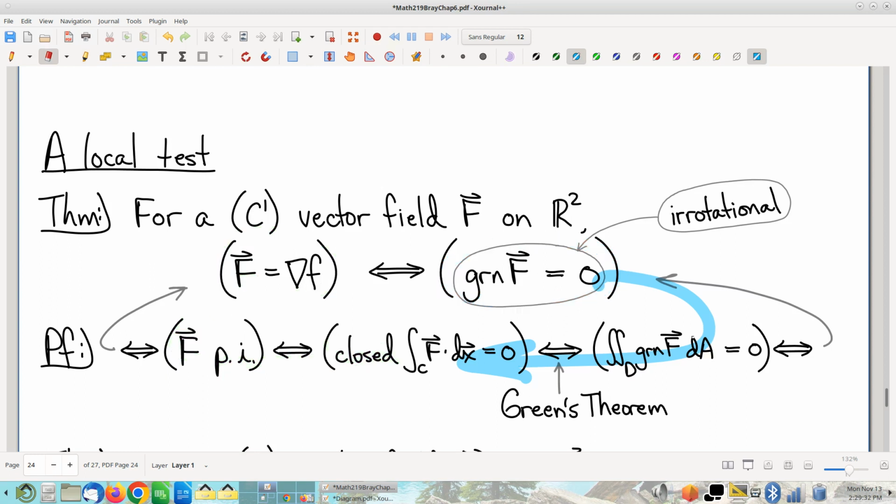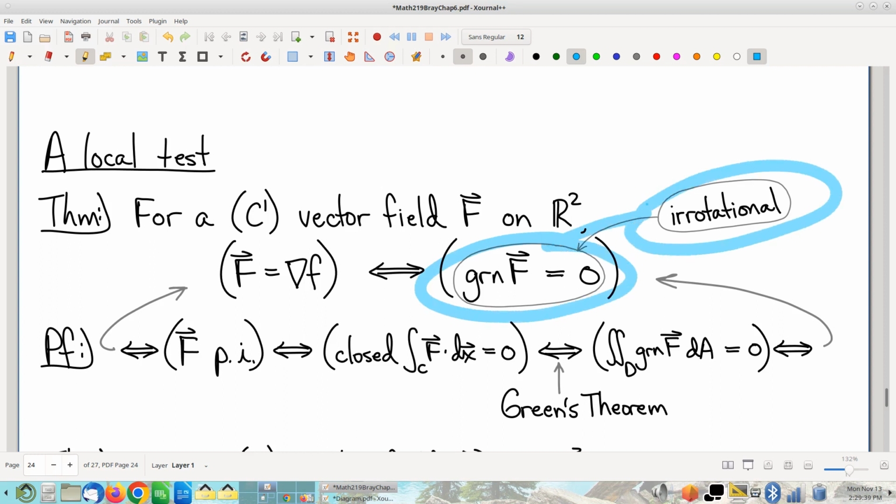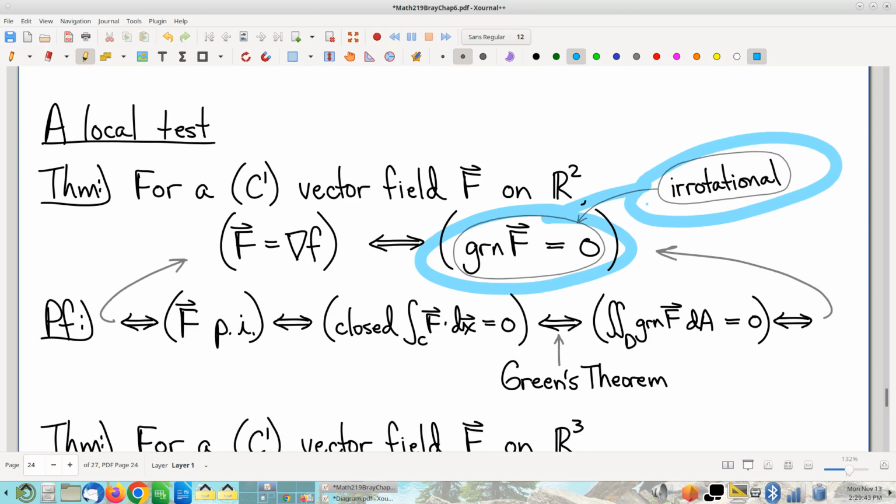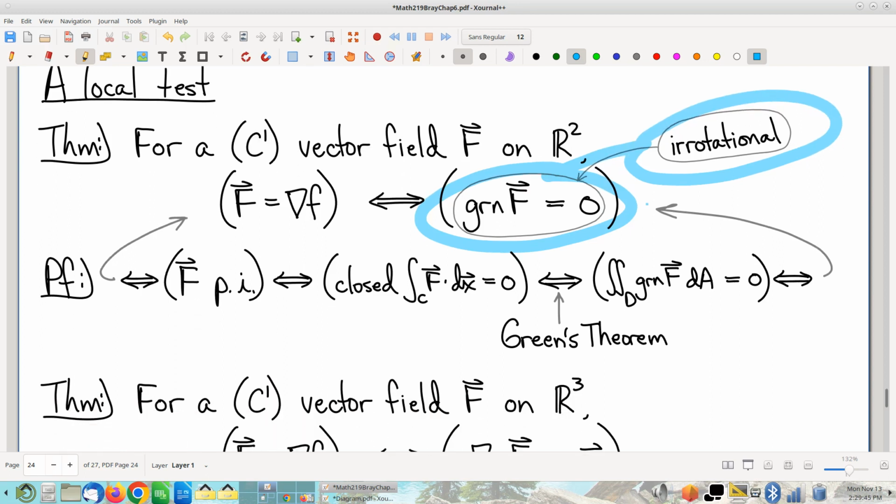Okay. Real quick, a little bit of terminology. This feature, Green's operator being zero, is described sometimes as irrotational. The vector field is irrotational. I think the language actually makes pretty good sense. If you think about it, Green's operator is telling you about how the fluid is or isn't rotating.